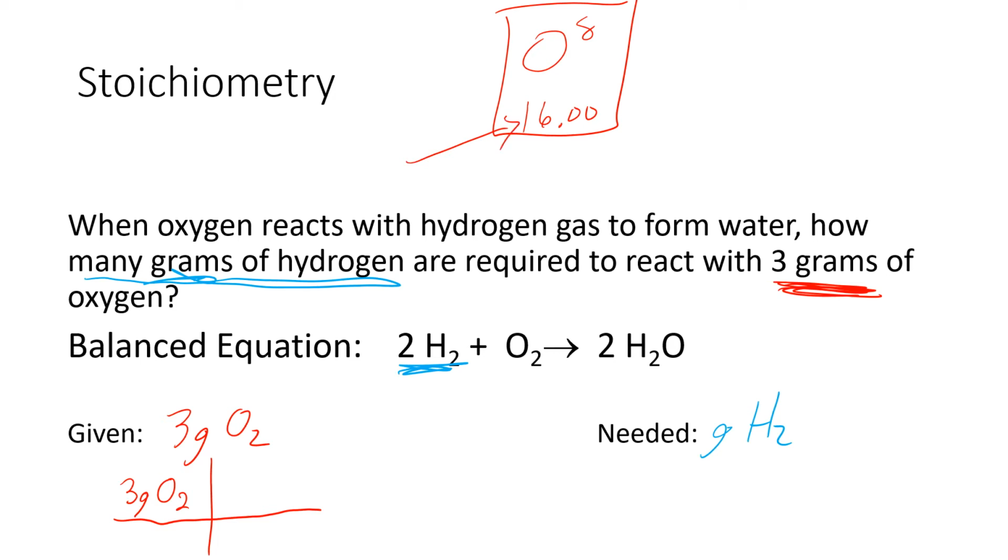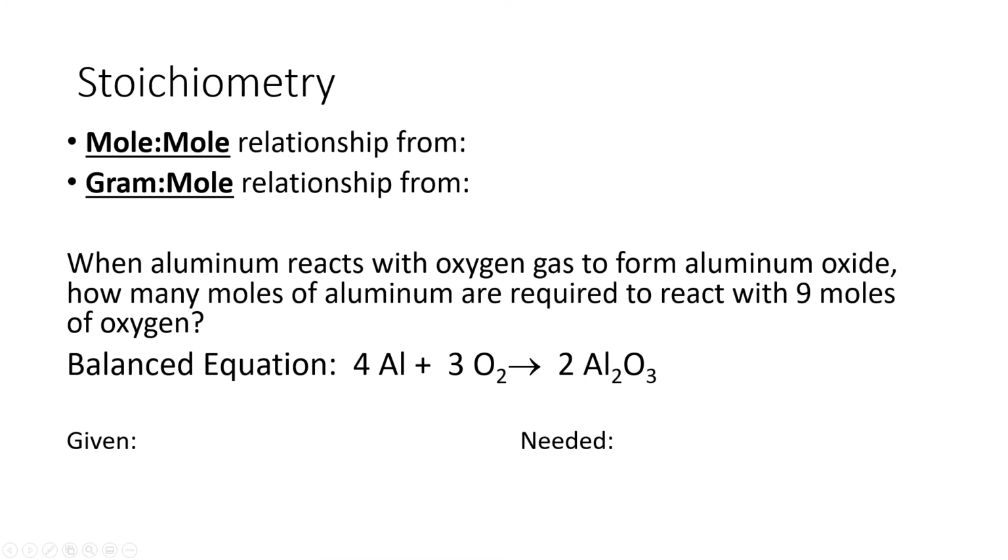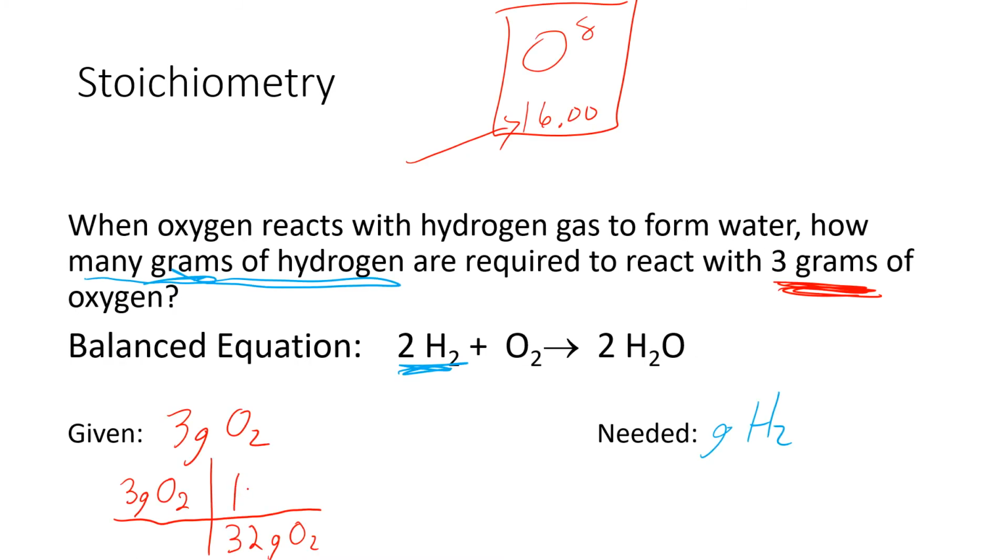So we're going to use that number there. And since there's 2 oxygens, we're going to need to multiply that by 2. So there's 32 grams of oxygen for every 1 mole of oxygen. Remember, anything on the periodic table is good for 1 mole.